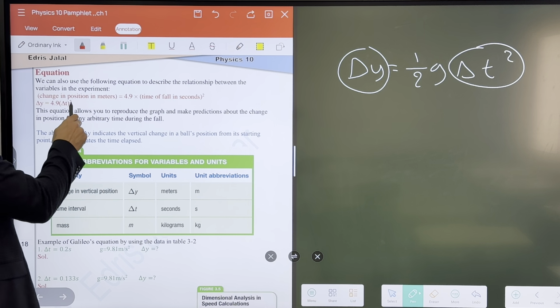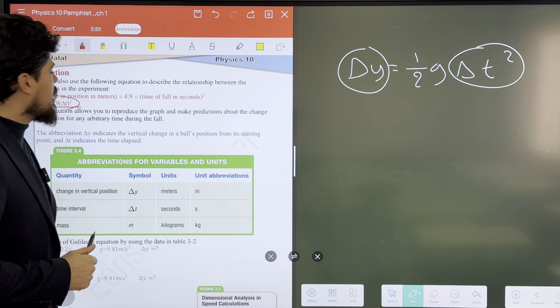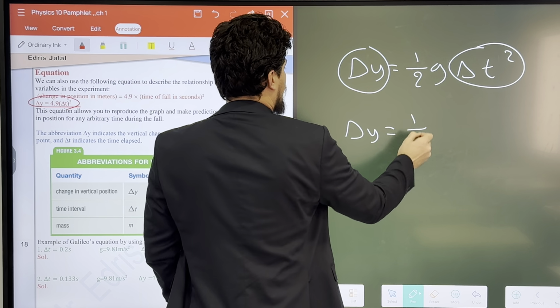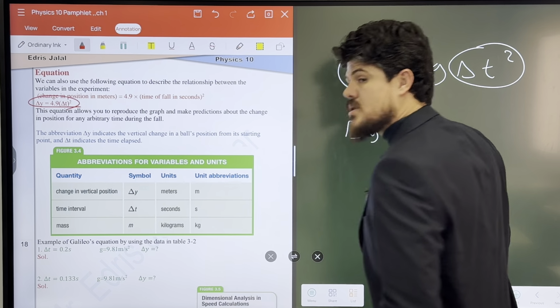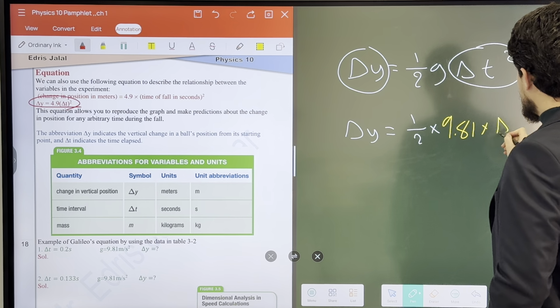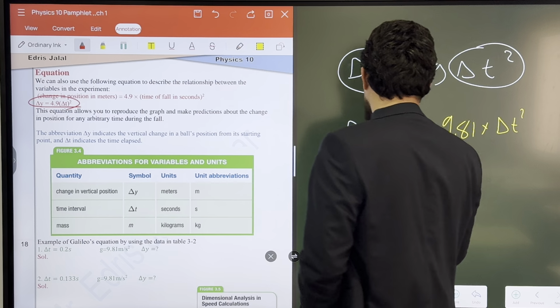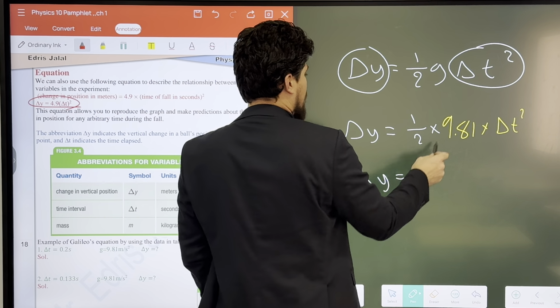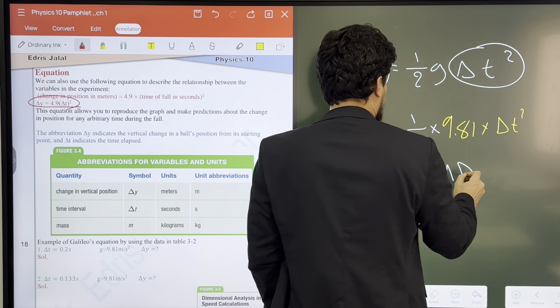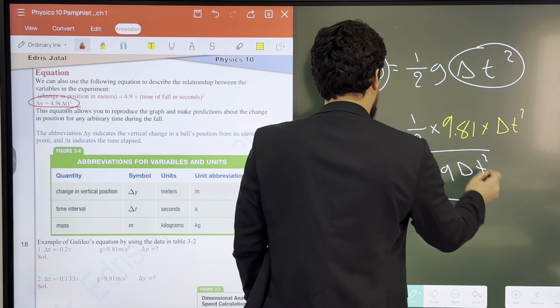So Galileo's equation can also be expressed like this: delta y is equal to 1/2 g t squared, where gravity is a constant equal to 9.81. So delta y is 1/2 times 9.81, which is 4.9 t squared. Both are correct.